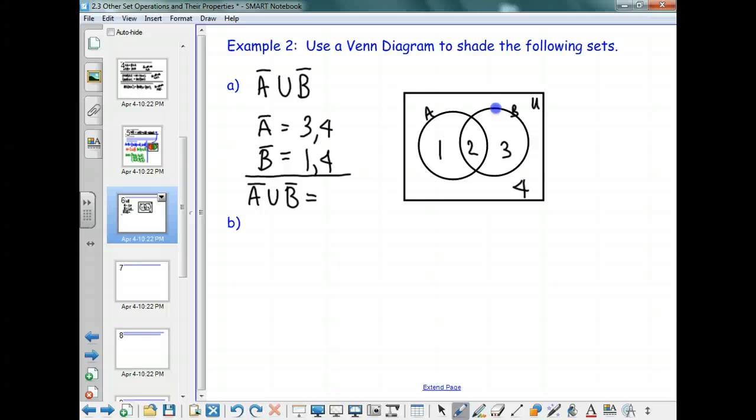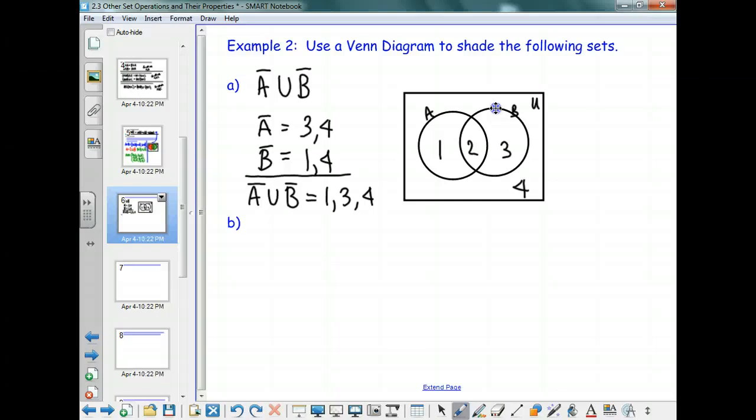All of it. So when we're doing a union, we get everything. Remember, it's the wedding ceremony thing, right? Yours, mine, and ours. So when I'm doing the union here, I'm going to list every number that I've already listed, which would include numbers 1, 3, and 4.